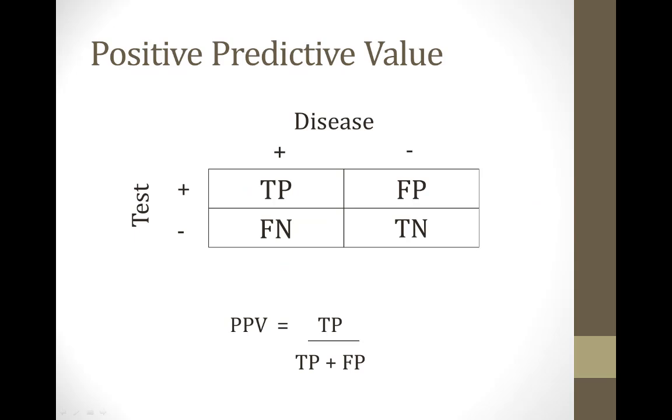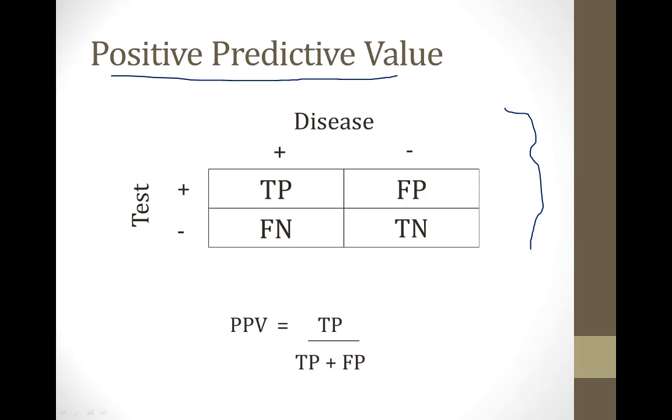So let's revisit the 2 by 2 table, which I described in detail in the module on sensitivity and specificity. But this time, we're going to use the 2 by 2 table to calculate the positive predictive value. Just like the name implies, the positive predictive value is the percent of positive results that are accurate.